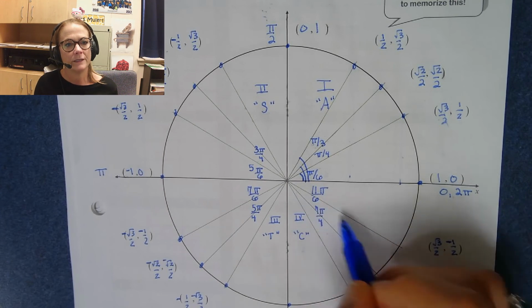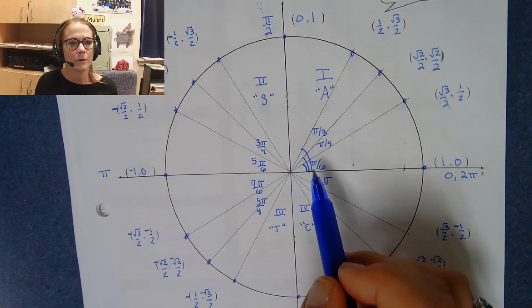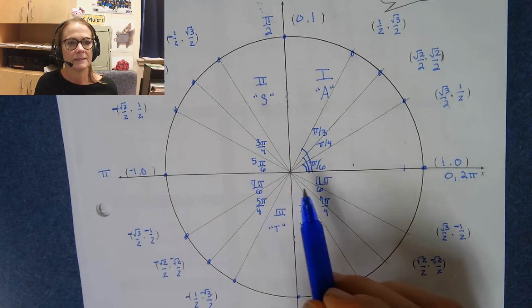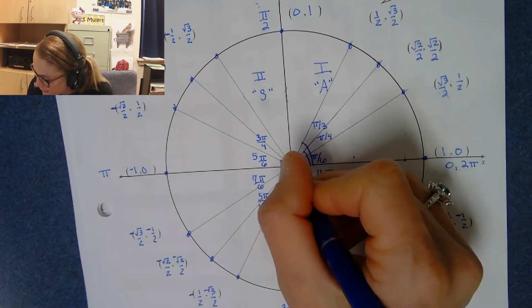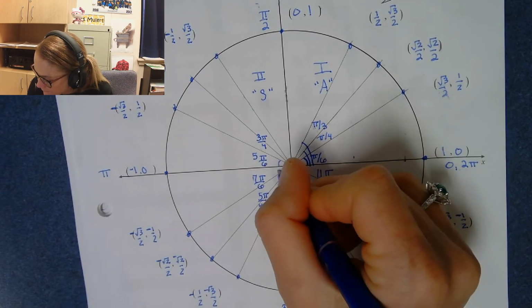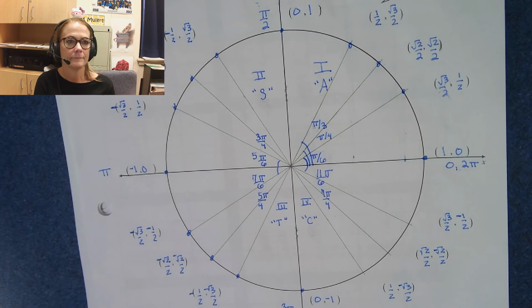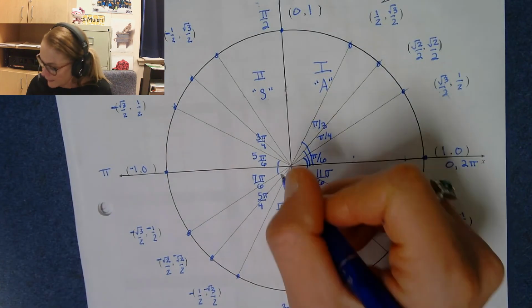So your 30 degrees are pi over 6, 5 pi over 6, 7 pi over 6, and 11 pi over 6. And so they're all referencing to this x-axis. All right? As are the pi over 4s.